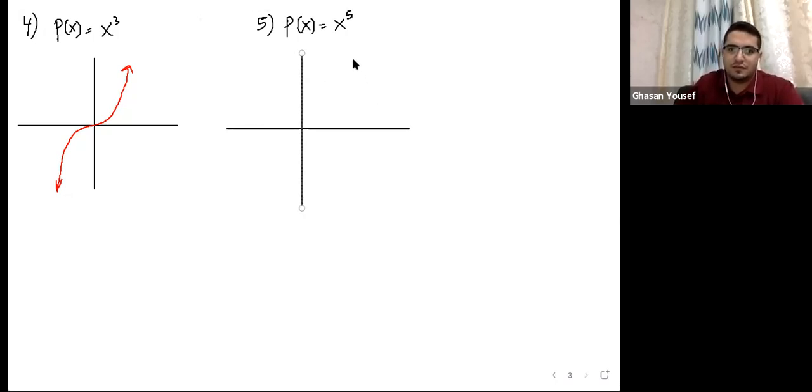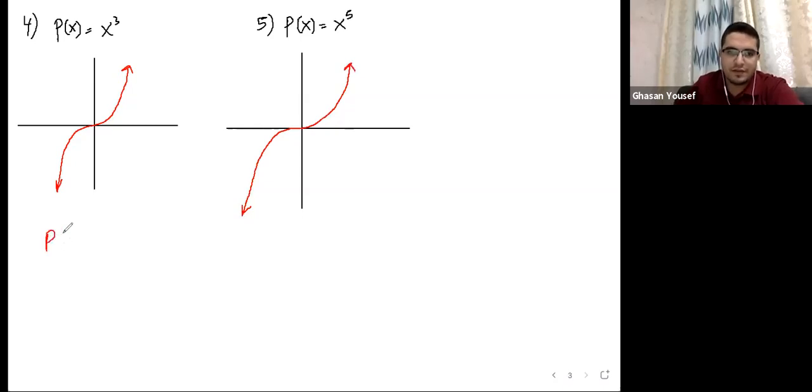The graph should be flat at 0, closer and closer to 0.